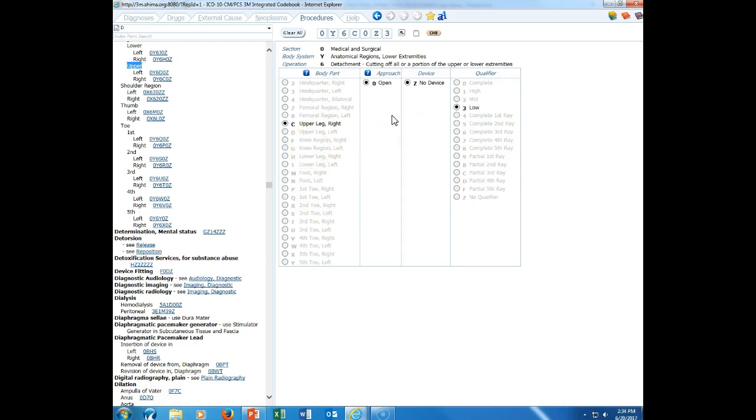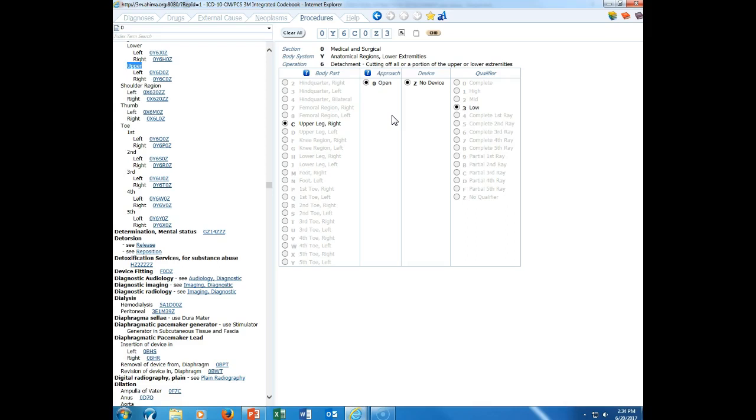Now let's look at the debridement. There's a pulse lavage debridement of the skin. This falls into the root operation of extraction. When we're doing an extraction, we're pulling or stripping out all or a portion of a body part with the use of force.